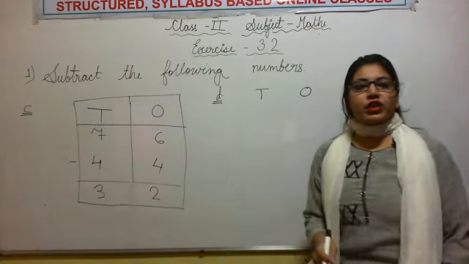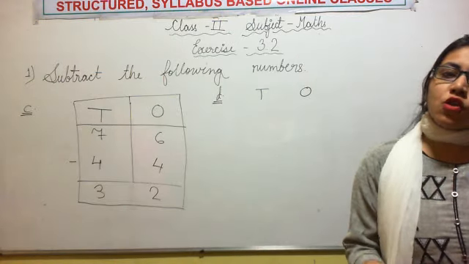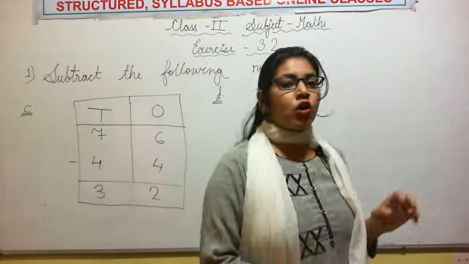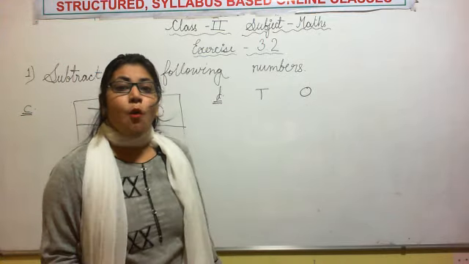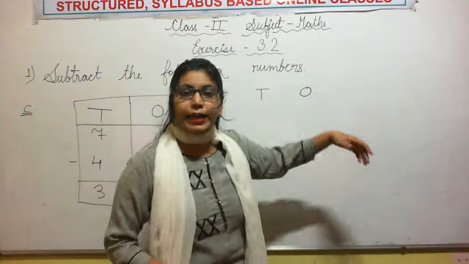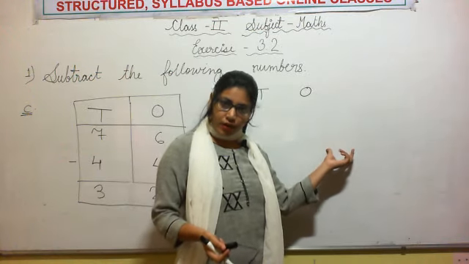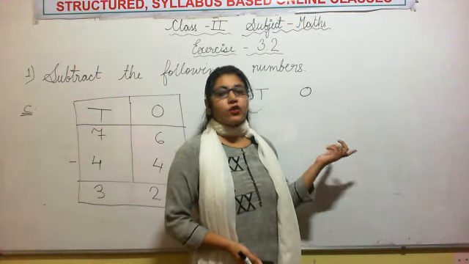In every operation, we will always start from the ones. I know you all do not know this: we will always start from the rightmost place. Now, how will you know which is the rightmost place? For that, you have to write the places first. If the places are written there, you can identify right or left.